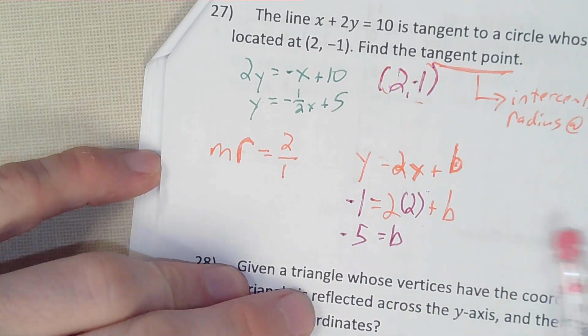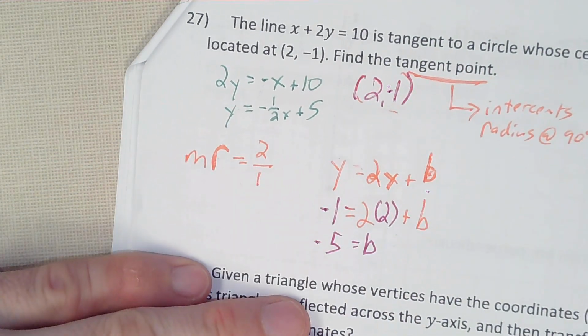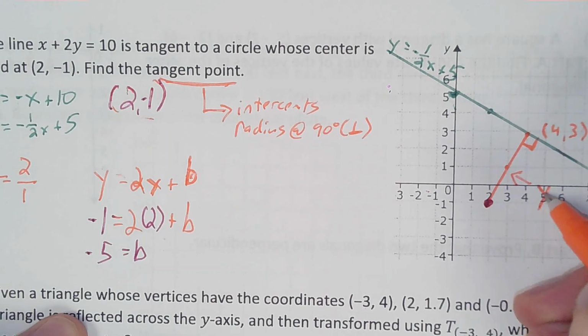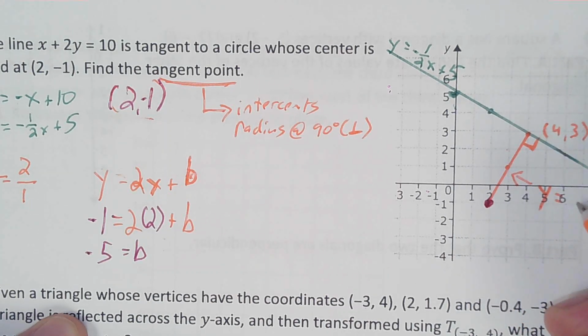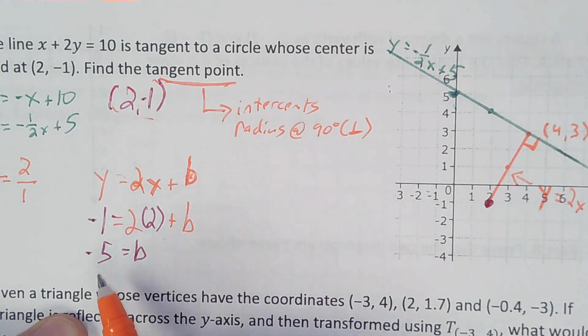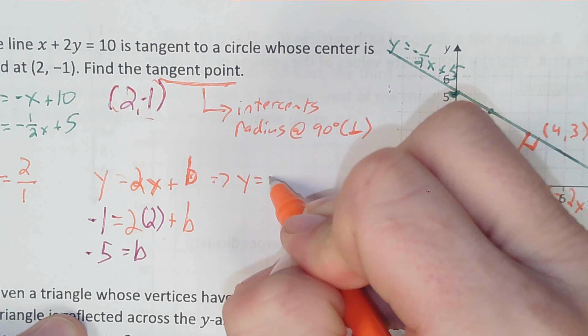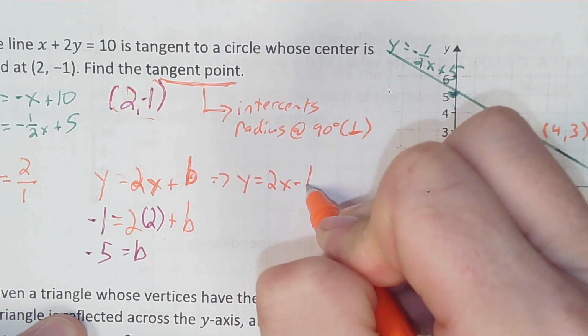So my equation for this line is y equals 2x minus 5, because negative 5 is b, so I just slap it in there.